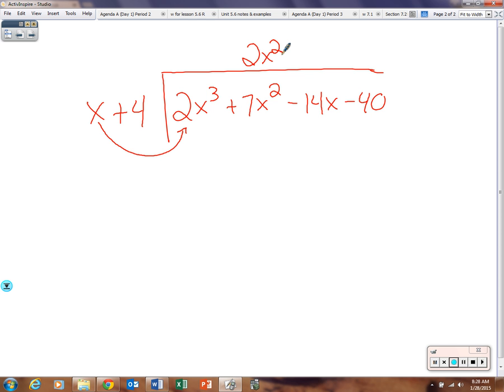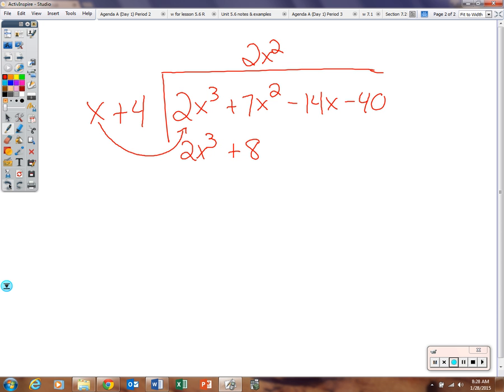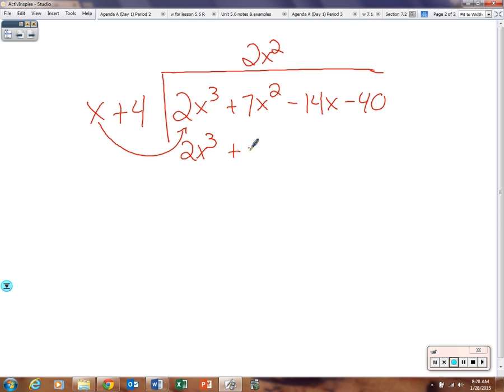Now remember, when you're writing this out, write it above the 7x squared. You want to keep the exponents lined up. Now multiply. 2x squared times x is 2x cubed. 2x squared times 4 would be plus 8x. Whoops. Let me fix that. That would be 8x squared.